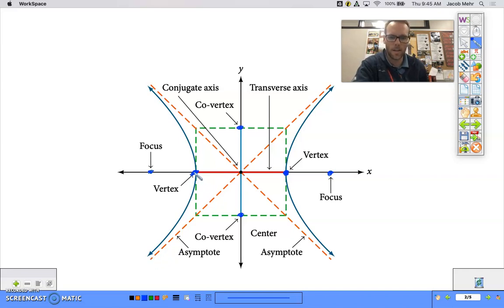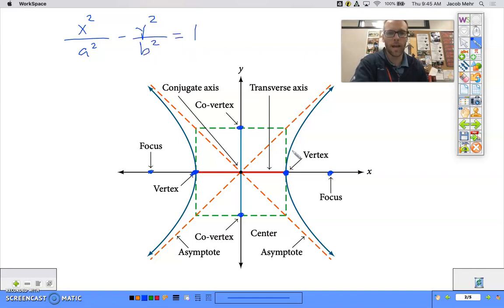Now, the axis connecting the vertices is called the transverse axis. That can be horizontal like it is here, or it can be vertical instead if the hyperbola opens up and down. We have a conjugate axis going the other way. I won't really use that term. So what does the equation look like? Well, the equation looks like x squared over a squared minus y squared over b squared equals 1.